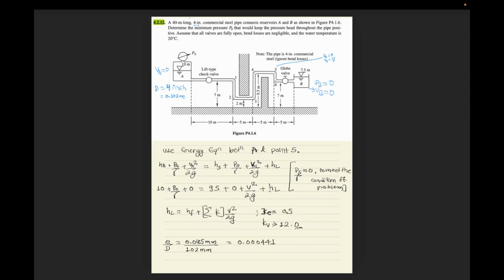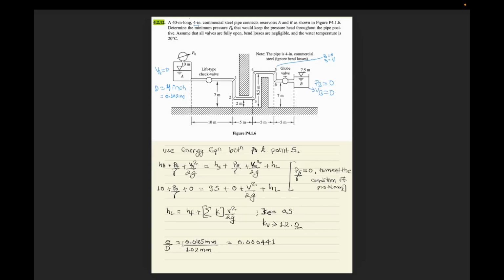So this gives us this equation, and for HL, it is HF plus summation of K times b square by 2g, where here we need to consider the K entrance and this K valve as well, which is 12, and the others we don't need to consider.